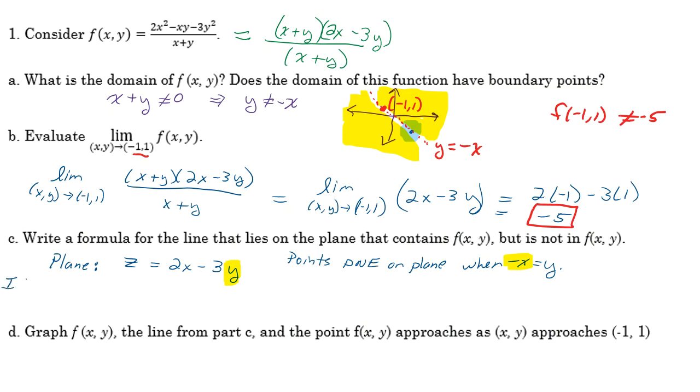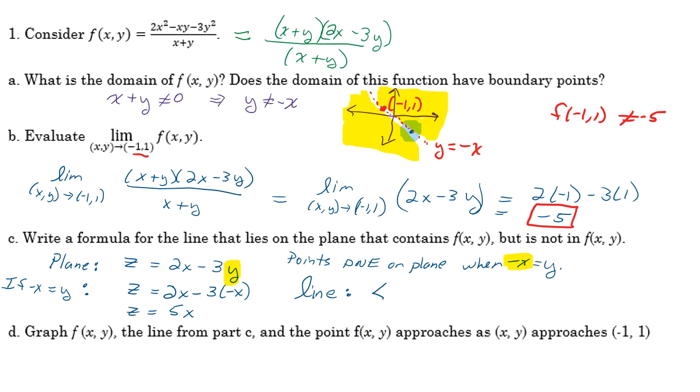So if negative x equals y, which causes us to not have any outputs, then we'd have z equals 2x minus 3 times negative x, or z equals 5x. So in other words, the z value is 5 times the x value. All right, so if we think about this line, let's write this line as a vector valued function. That might be a nice way to do it.